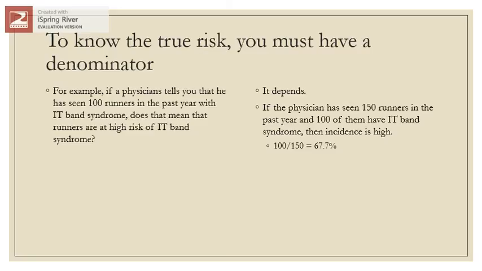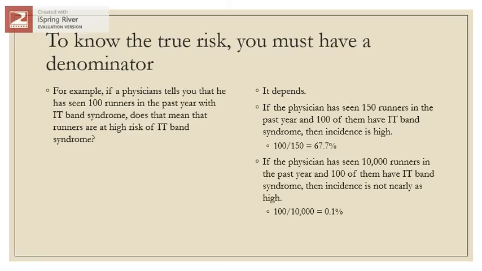That's a very high risk of developing IT band syndrome. If the physician has seen 10,000 runners and 100 of them have IT band syndrome, then the incidence is 0.1%. The point is, you have to know the denominator. That's very, very critical when estimating risk of a certain condition.